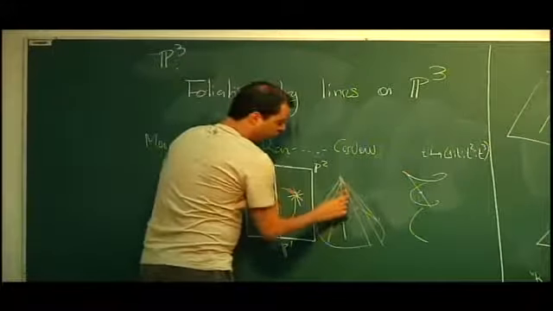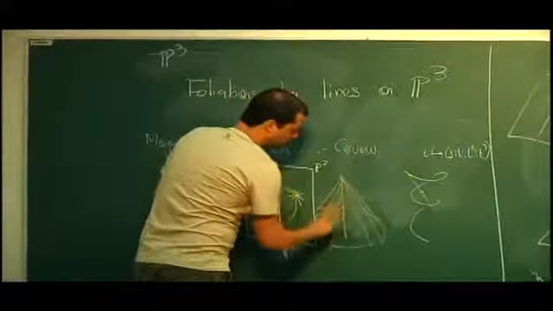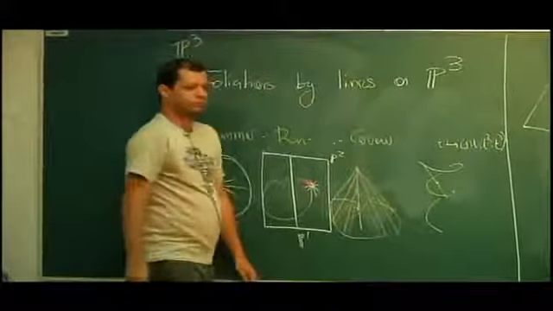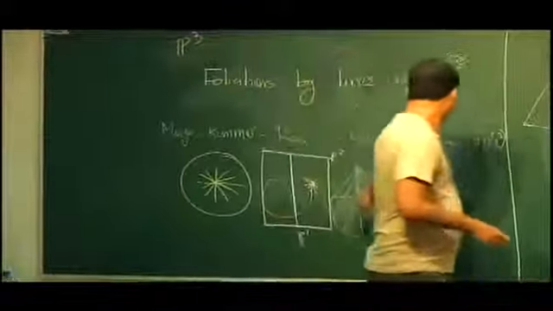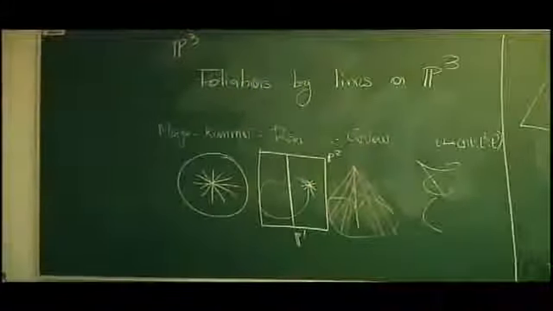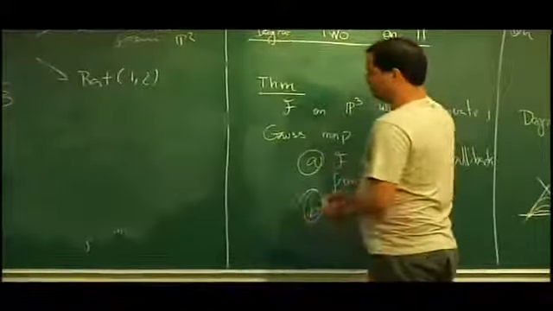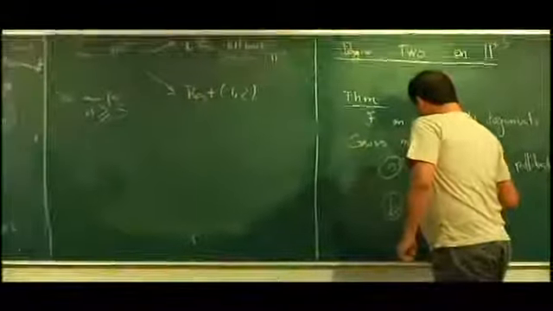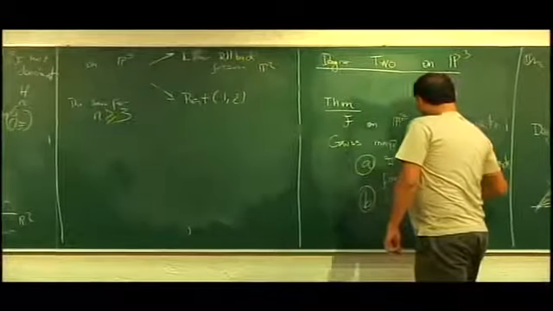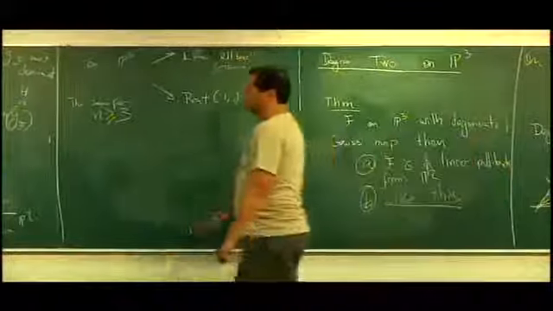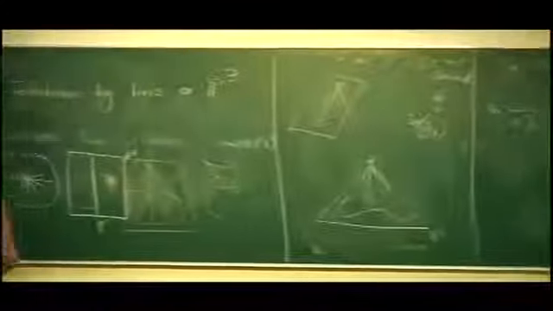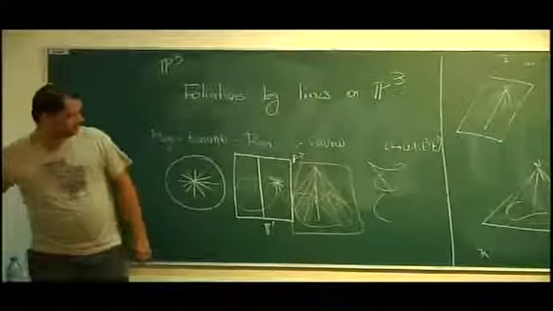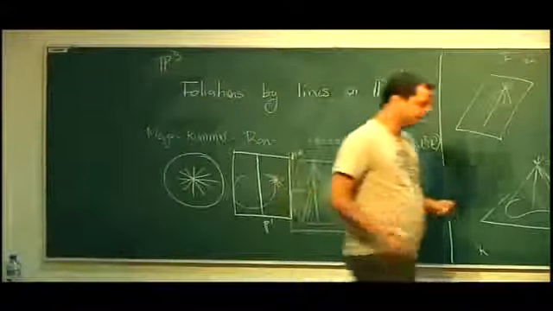Now I'm just going to move the point. At the end, we get a foliation which is a pencil, and it has this form. That's the classification.